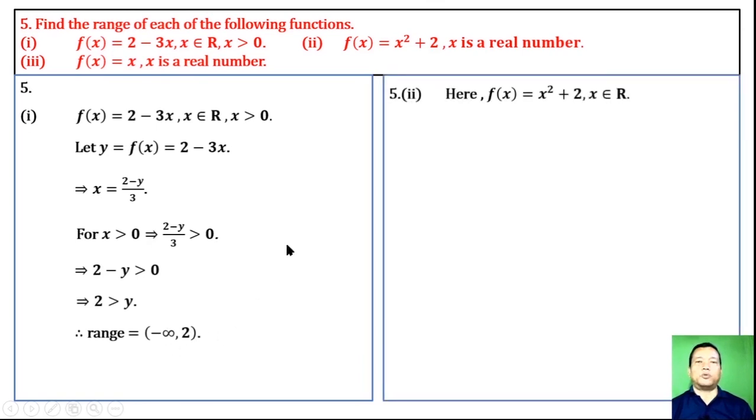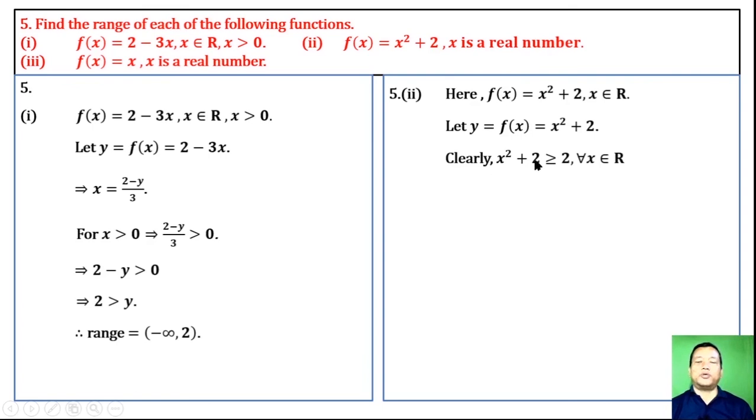For Roman number 2, f of x is x square plus 2, x is a real number. You can take any real value of x. Let y equal to f of x, which is x square plus 2. Therefore, the above becomes y equal to x square plus 2.